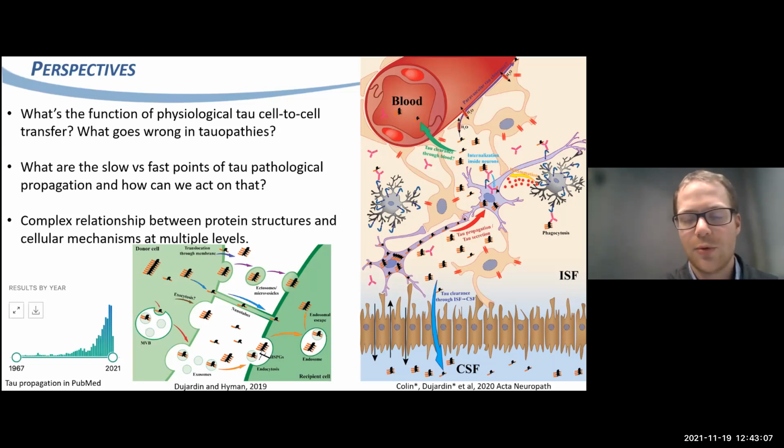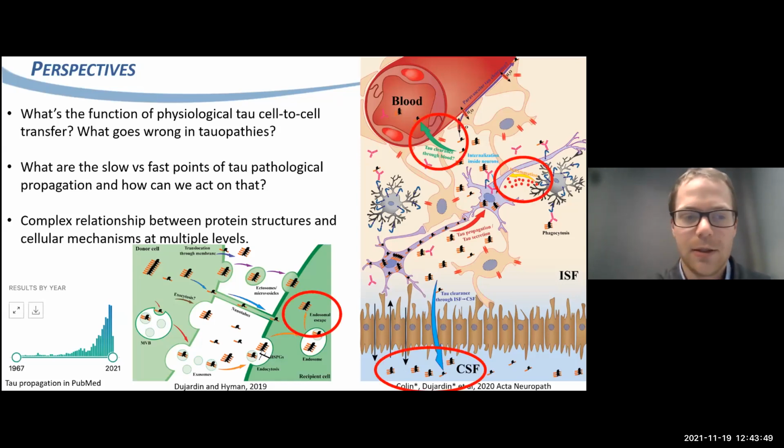Tau seems to transfer physiologically in addition to in pathology, and I think we haven't quite understood yet what the function of this physiological transfer is, what tau does at the synapse, and why it is quite a big amount of tau that is secreted by cells in a physiological way. And then what goes wrong in tauopathies, why at some point this transfer is getting bad for the cells.